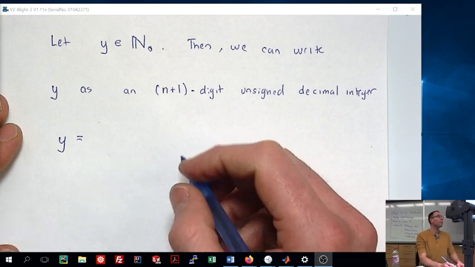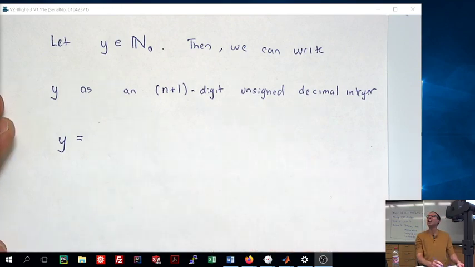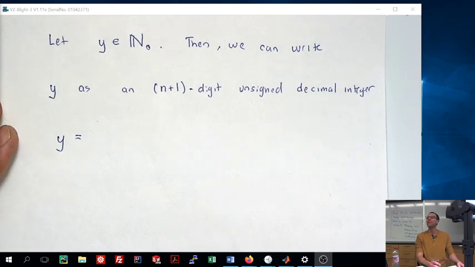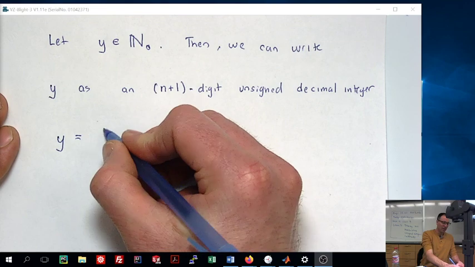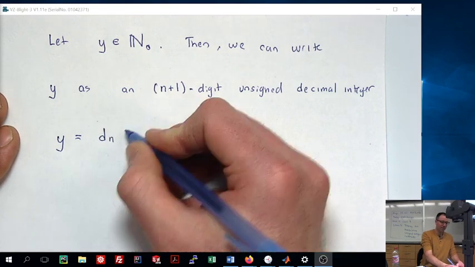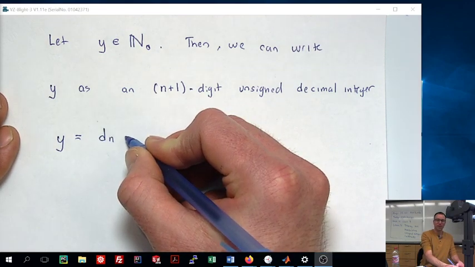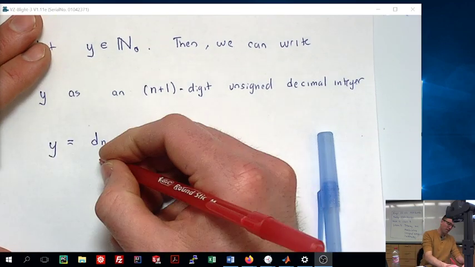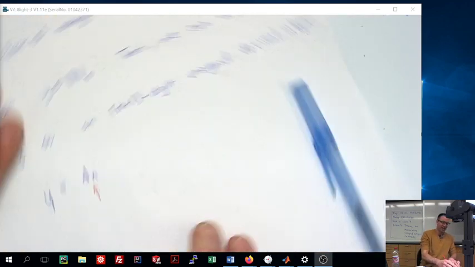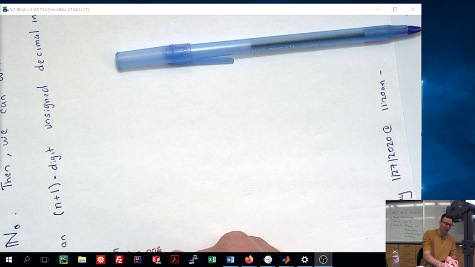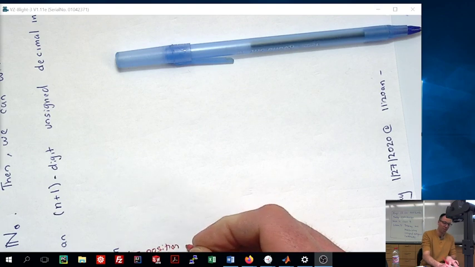In general form, if it's n plus 1 digit, what is the largest position number? D sub n. So remember, the index correlates with the position number. So what's the largest position number?